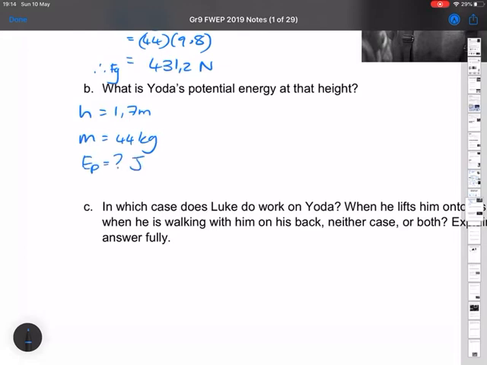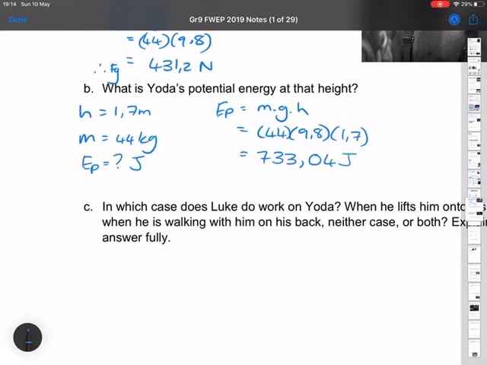That's measured in joules. So potential energy is equal to mass times gravity times height. Mass is 44, gravity is 9.8, and height is 1.7. And that gives us 733.04 joules.